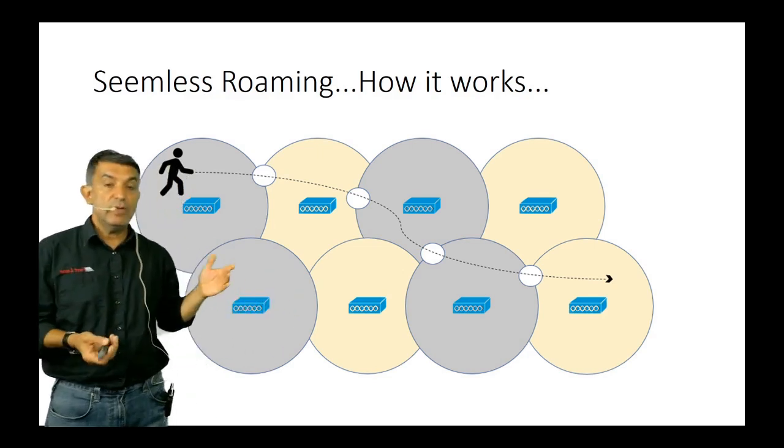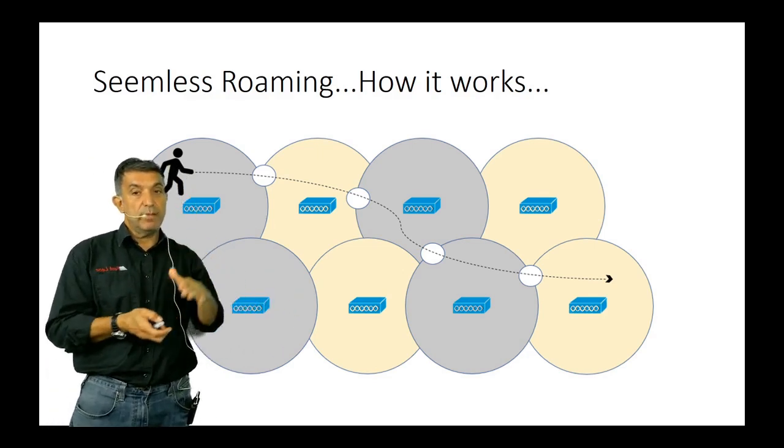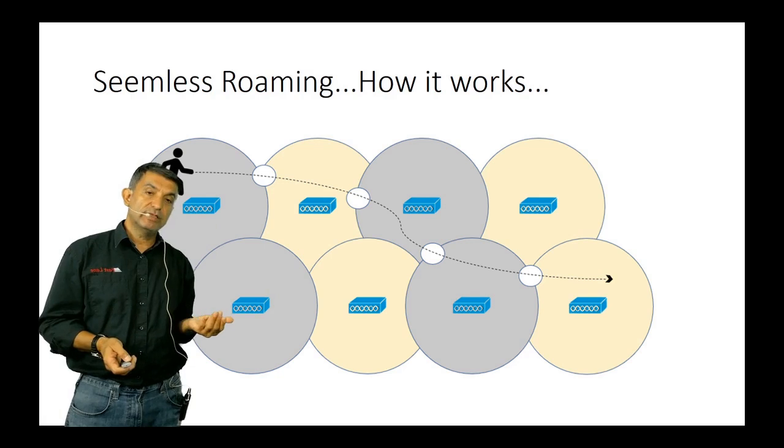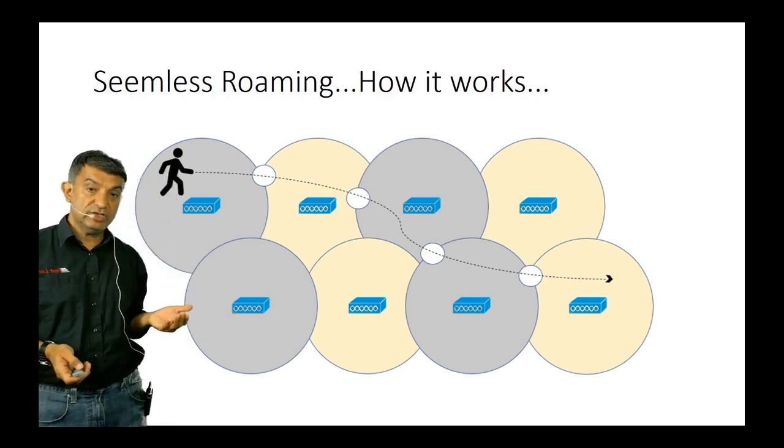So we will reduce the roaming time, okay? And for this we have, for example, the fast BSS transition.